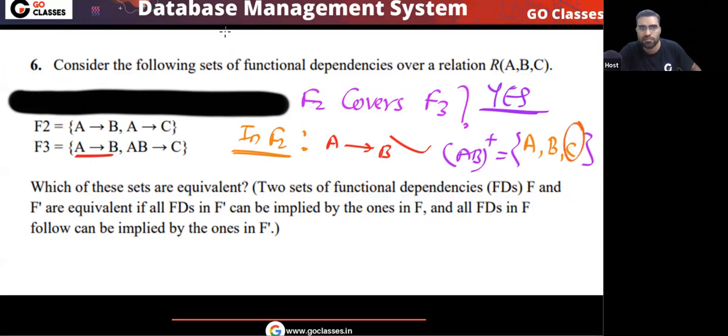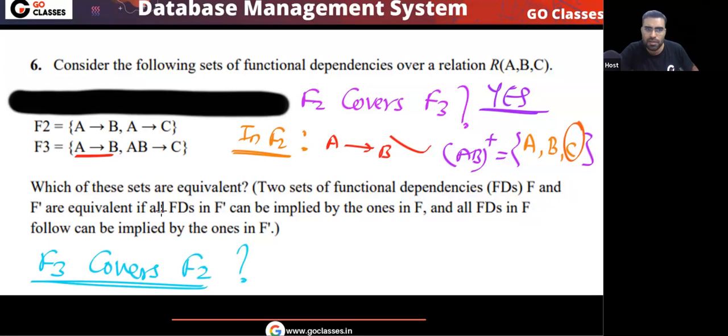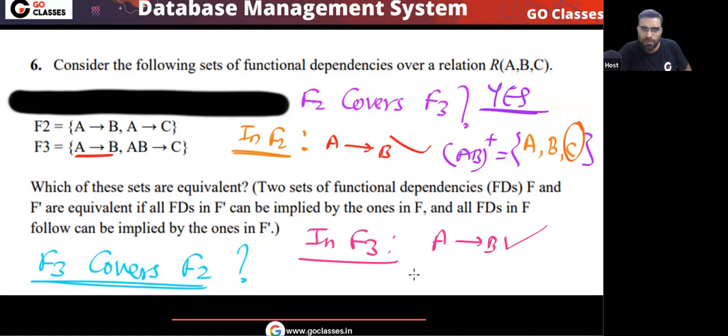Okay. What about F3 covers F2? Is that true or not? Can I say F3 covers F2? See, in F3, can you get all the FDs of F2? In F3, you got this. There is no problem.